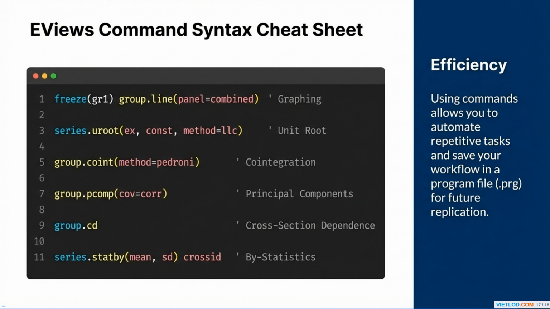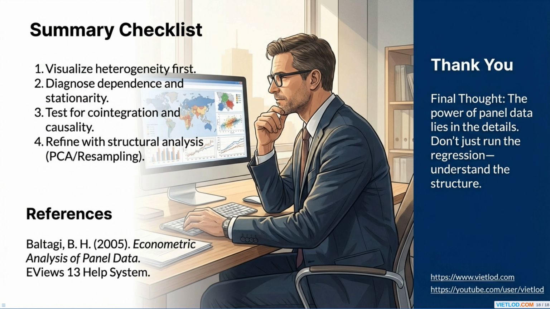For diagnostic testing, series.uroot(ex=const, method=LLC) is used for unit root tests, here showing the Levin-Lin-Chu method. To test for long-run relationships, group.coint(method=Pedroni) performs cointegration tests, with Pedroni being a common method. For structural analysis, group.pcomp(cov=corr) computes principal components using a correlation matrix.